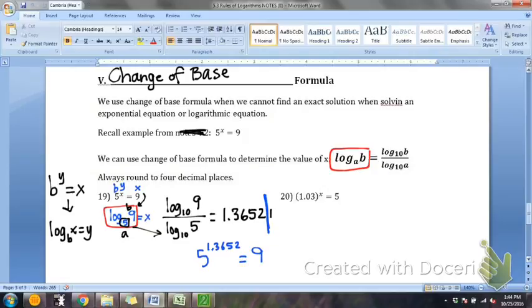Okay, try number 20. See what you can do on number 20. The first thing you do is change it into log form. Identify your b, y, and x.